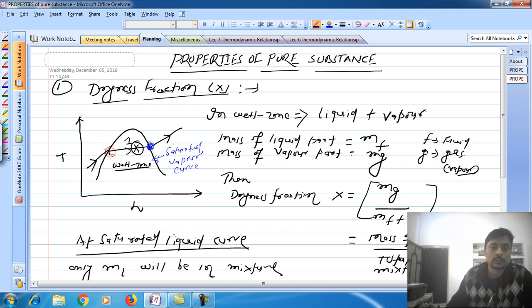I want to find the dryness fraction at the saturated vapor curve.